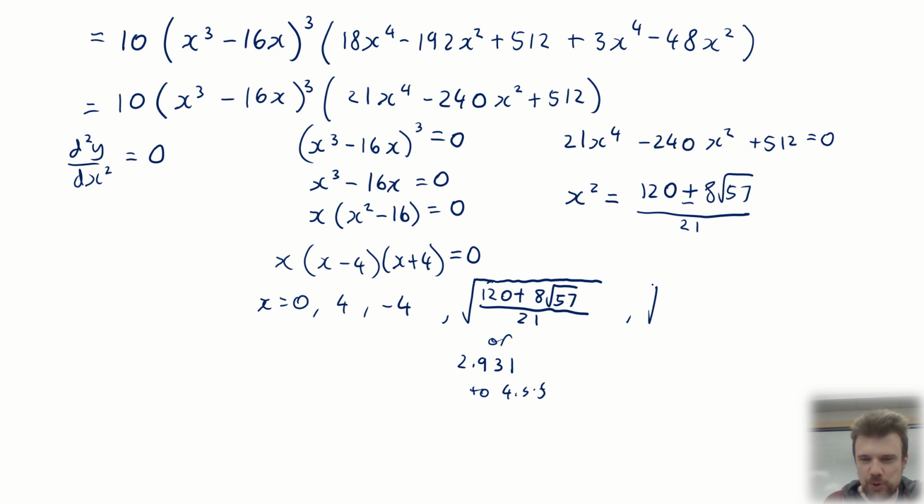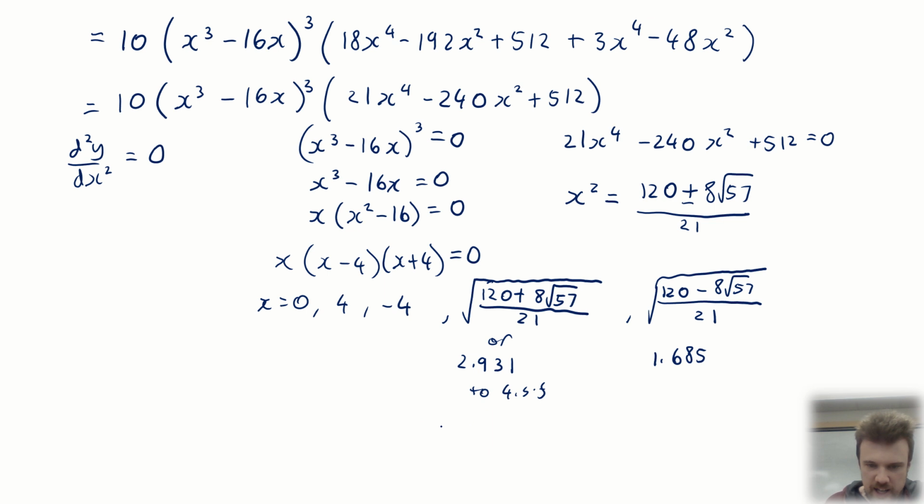Okay, there's a lot of points we're going to have to check here. Let's actually double check first of all, because we're going to have the plus and minus versions from the quadratic formula. So we're going to have 4 extra solutions to look at. So minus 8 root 57 all over 21, and then we've got the plus versions of them. Let's have a look at all that. That's 1.685.